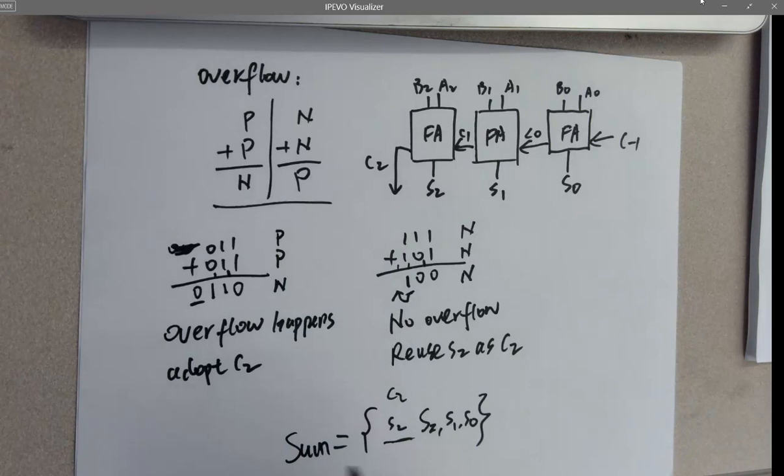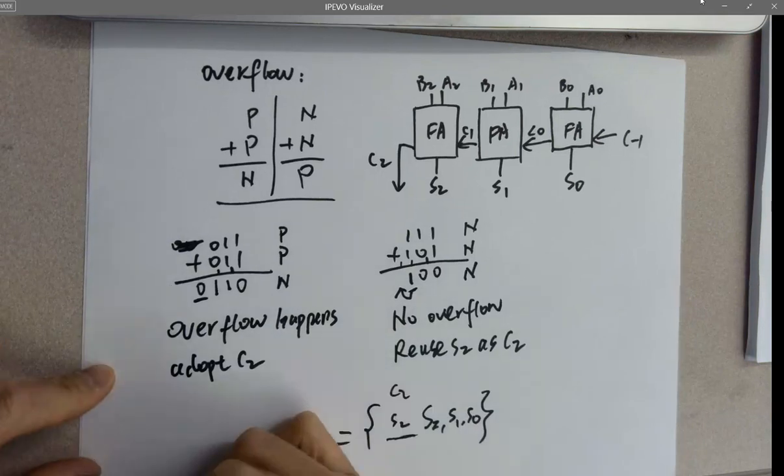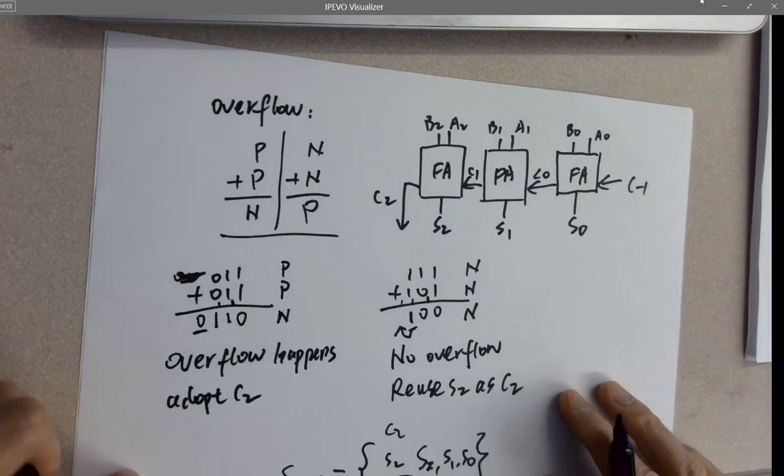So now what's happening is we have to know if there's an overflow or not, okay? And if there is, we do this. If there's not, we do this. But there will be more examples to show you guys, and you will see there are different situations.